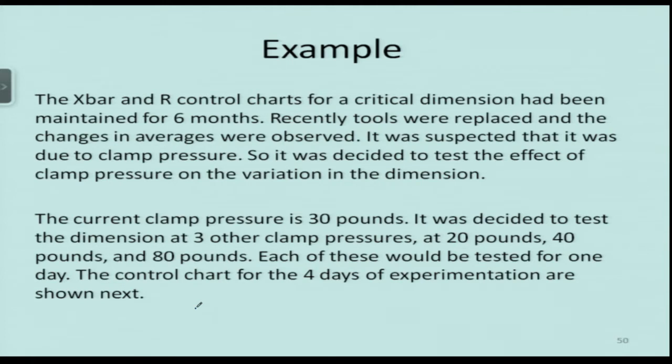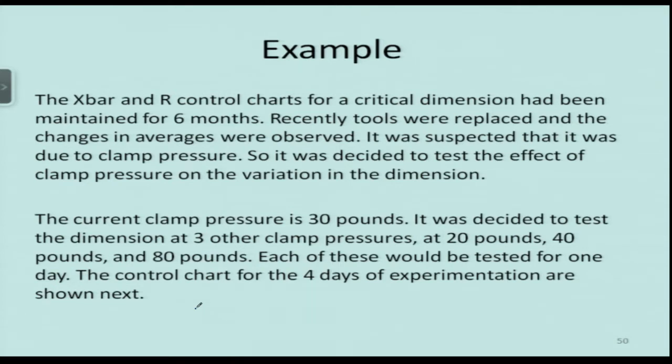Recently some tools were replaced and some changes were observed in the averages for this particular part, and it was suspected that it was due to clamp pressure, because that was something that we had not considered earlier.